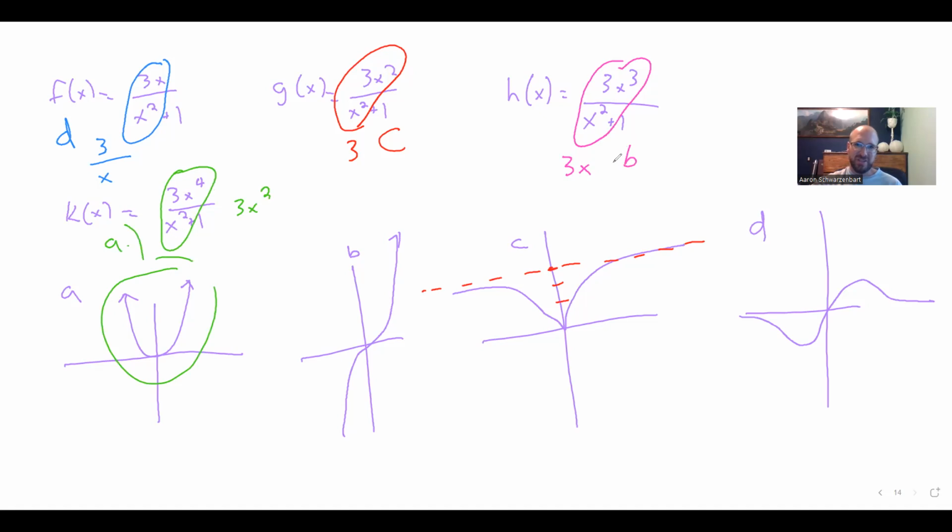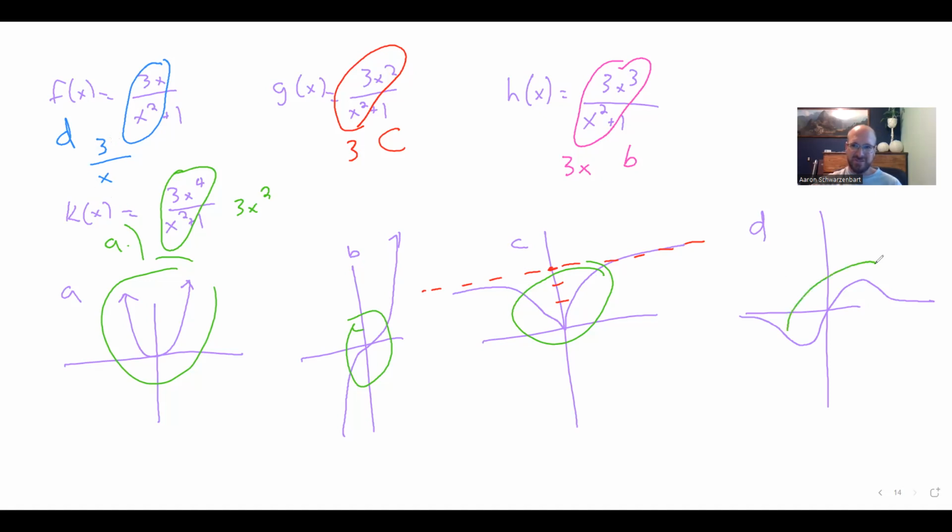If you weren't sure on B, thought that looked too much like a cubic, it kind of does. The thing about these is we're looking at end behavior, so you kind of have to ignore this chunk in the middle that looks a little funky. This one, y equals 3, horizontal line. That's what it's getting close to once I get away from that middle. 3 over x.